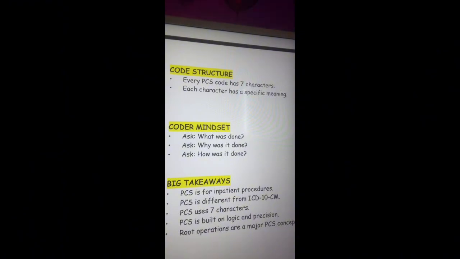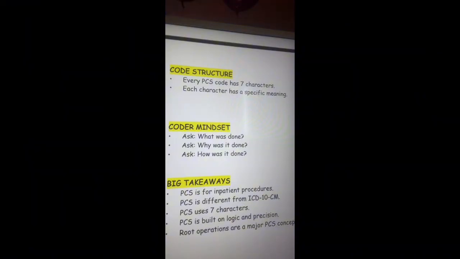So the biggest takeaway for PCS for inpatient is, it is inpatient. PCS is for inpatient procedures, okay? Not outpatient, not anything else. ICD-10-PCS is for inpatient procedures. PCS is different from ICD-10-CM.